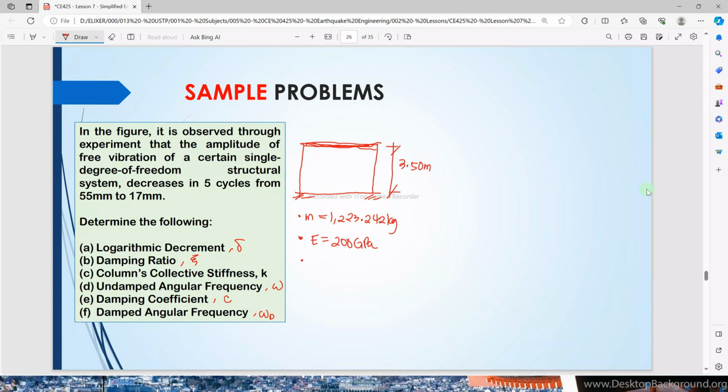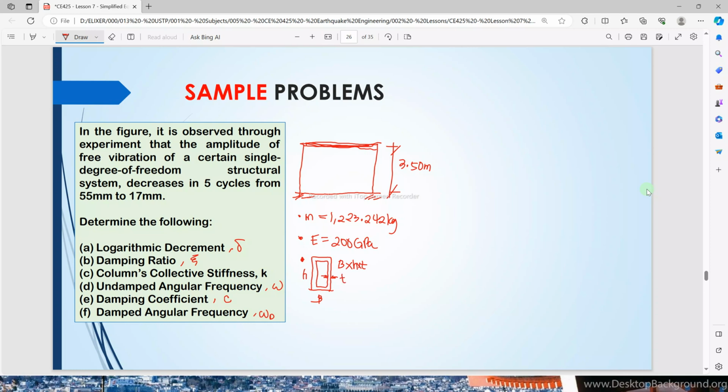We're also given the dimension of the column. The column is a rectangular tubing, so it has a base, a height, and a thickness. This is the base, this is the height, and then we have the thickness here.